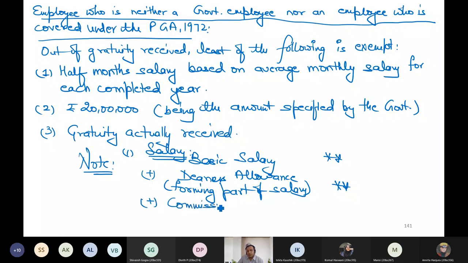Plus commission based on, this is a new point, it was missing in the last case. Commission based on fixed percentage of turnover achieved by the employee.